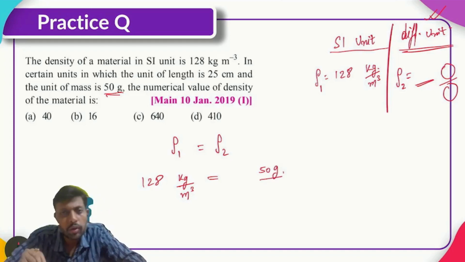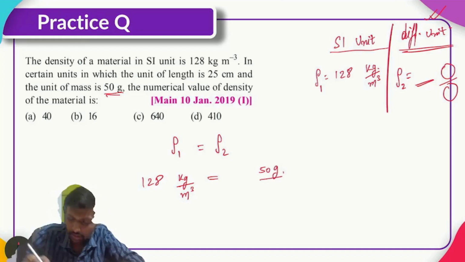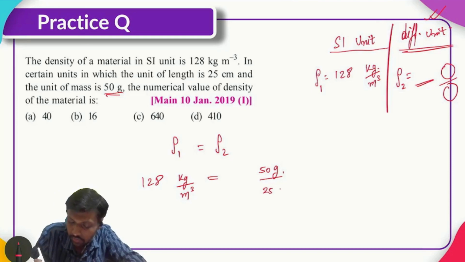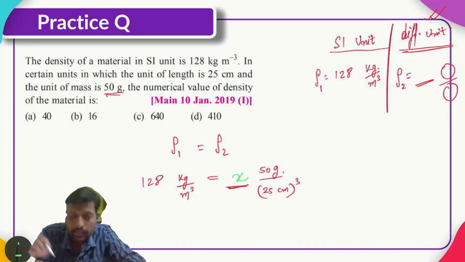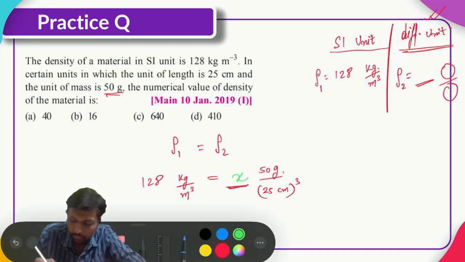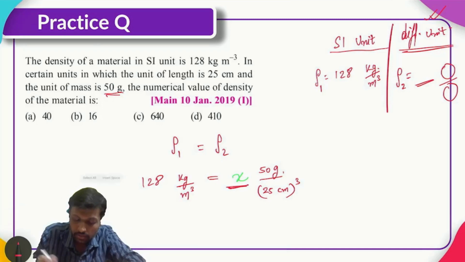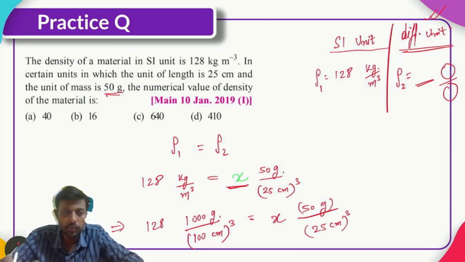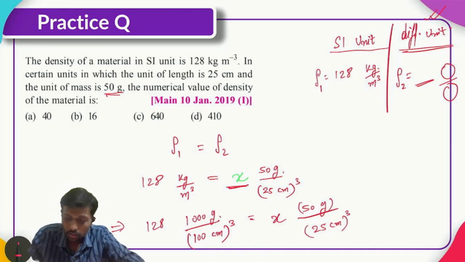And the unit of length is 25 centimeters, so 25 centimeters whole cube. So what will be this value? X. That's what is asked. We just have to calculate. Now you just solve it. Okay, so we'll do that quickly.